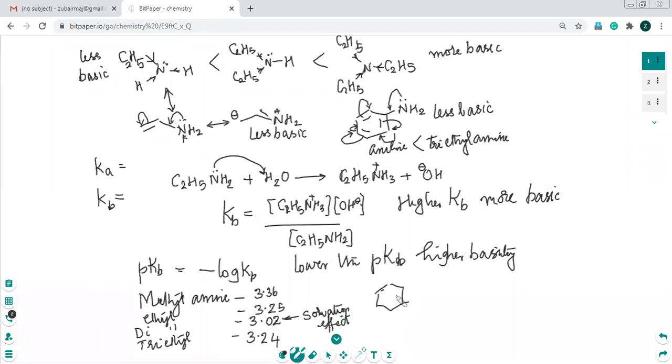Okay, now let us look at aniline, NH2. The pKb value is 9.37, see that, 9.37. Very high value, so far less basic. Now look at another aromatic compound, with nitrogen here. This is also basic but very weakly basic. This is called pyridine.